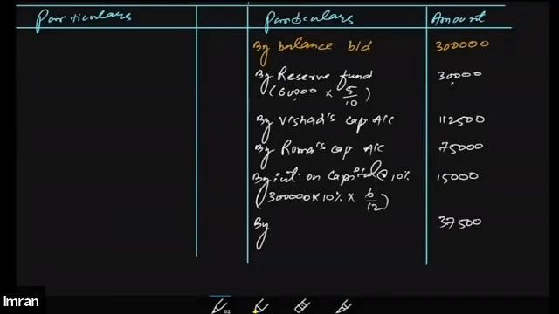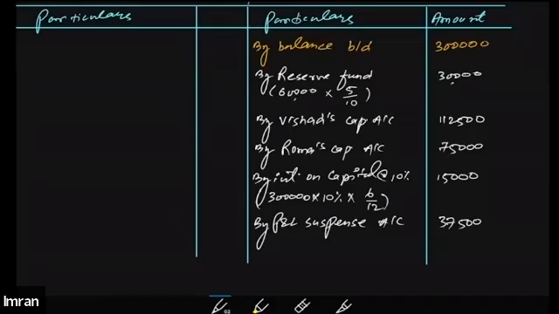Profit and loss suspense account, not the profit and loss appropriation account. Since the year is not yet completed, we will be writing P&L suspense account, not the P&L appropriation. I hope it is clear, everyone. Yes, sir.